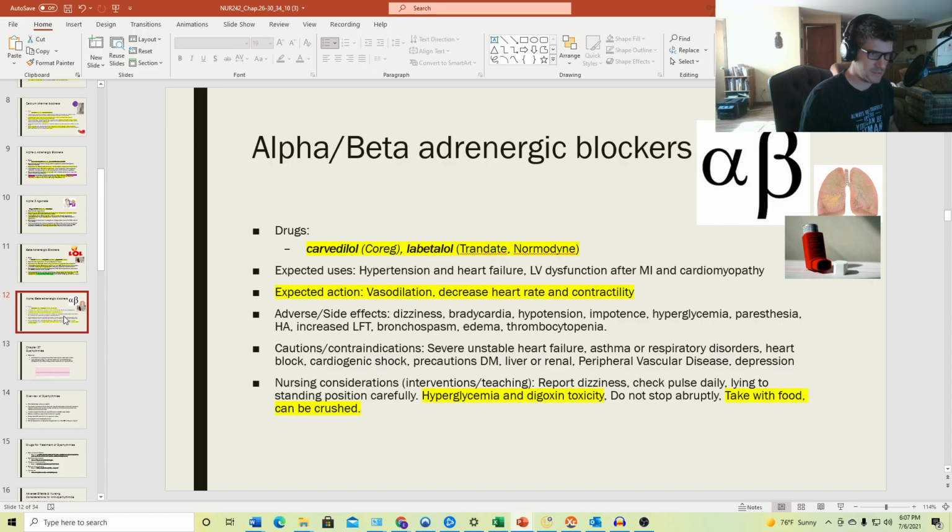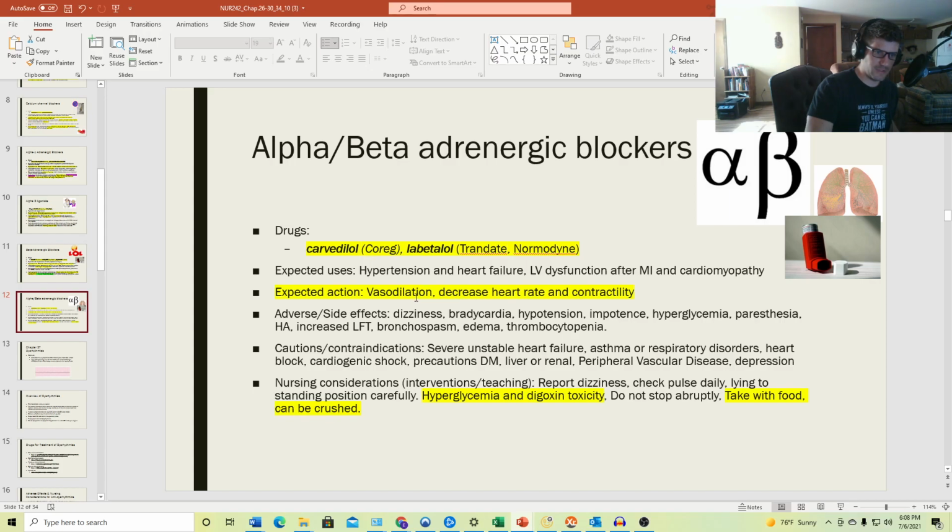Last but not least is alpha-beta adrenergic blockers. I don't know how many times I'm going to have to say that word before I get it, but carvedilol and labetalol, they're also LOLs, but again, they're ILOL and ALOL. Alpha beta blockers.